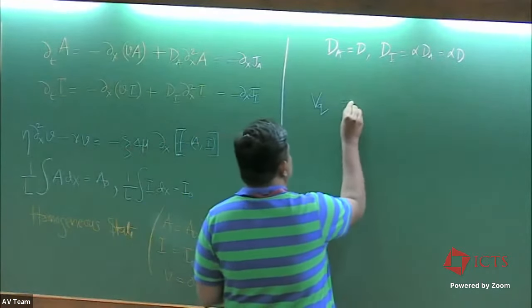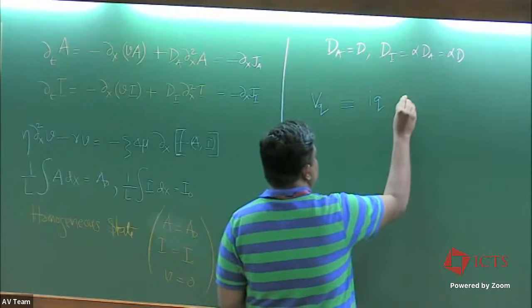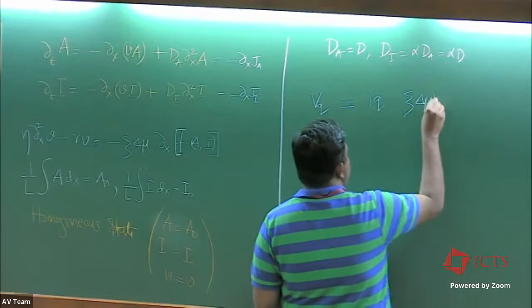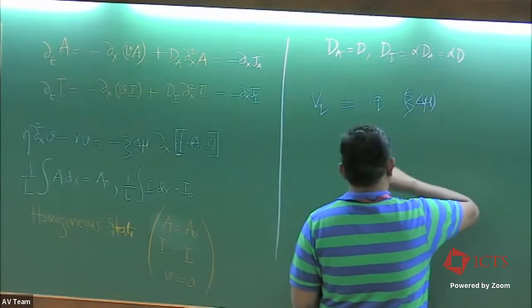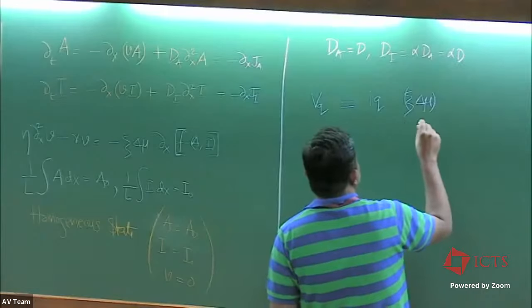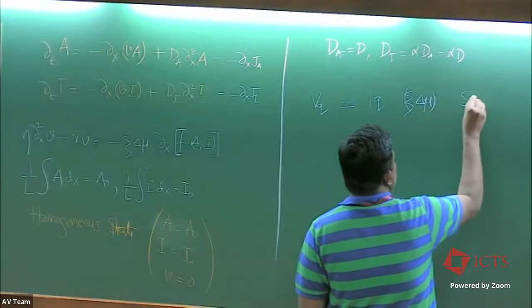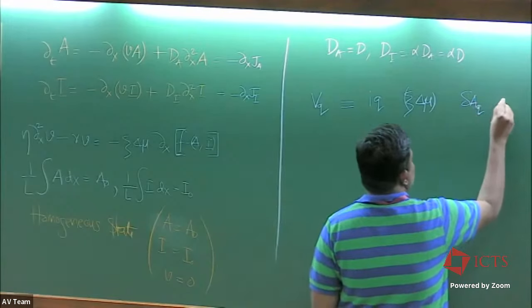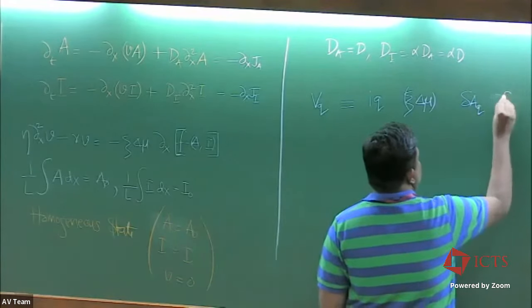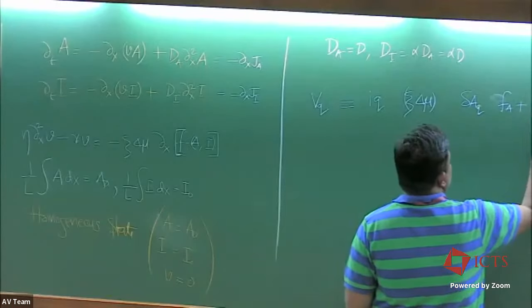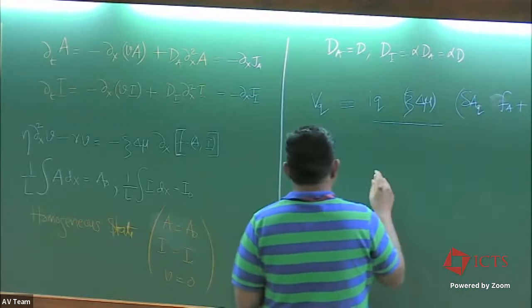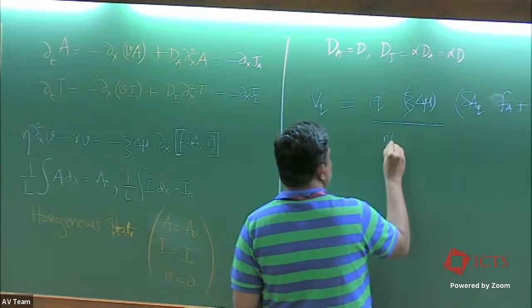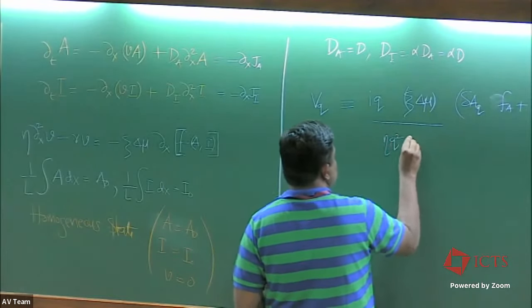And this, if you remember from yesterday, will turn out to be essentially the following: delta A_q times the derivative F_A, and delta I_q times F_I, I'll define these things in a minute, divided by eta q squared plus gamma.